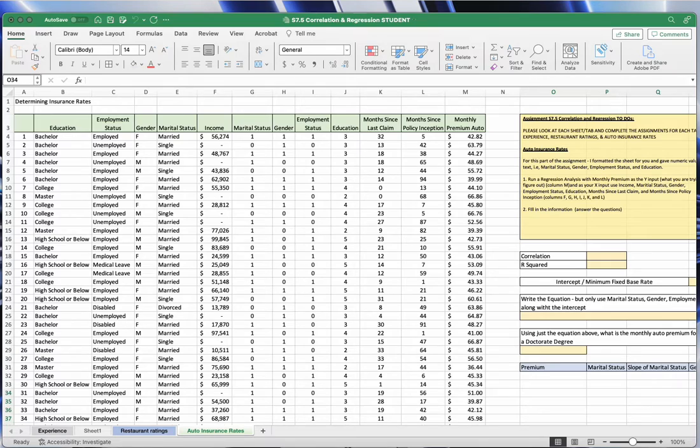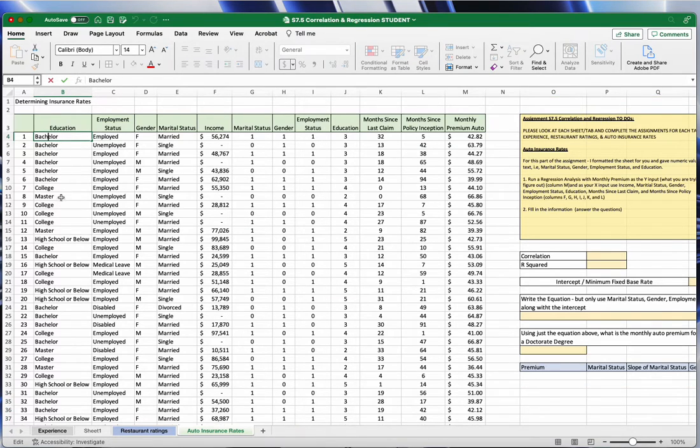But one of the first things I had to do, and we did this for you, is we had education, employment status, gender, and marital status, not as numerical values, but as text values. So the first thing we had to do was take education and give it some type of numerical value.